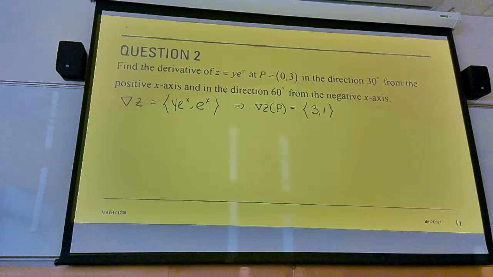Become a 1. For the first part, 30 degrees from the positive x. What's the unit vector?